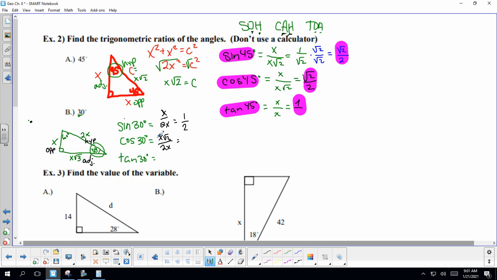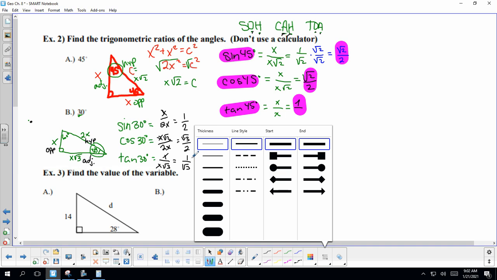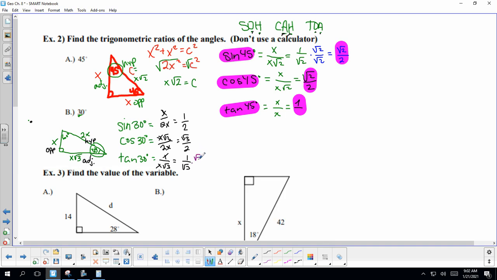The x's cancel, and I get root 3 over 2. Yay! And then the tangent is opposite over adjacent, so that is x over x root 3. That gives us 1 over root 3. We are not allowed to have that root 3 in the denominator, so we multiply the top and the bottom by root 3, and we get root 3 over 3.